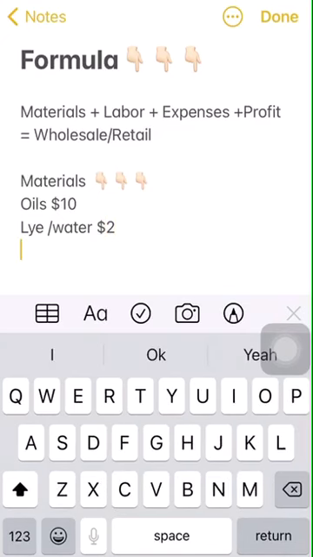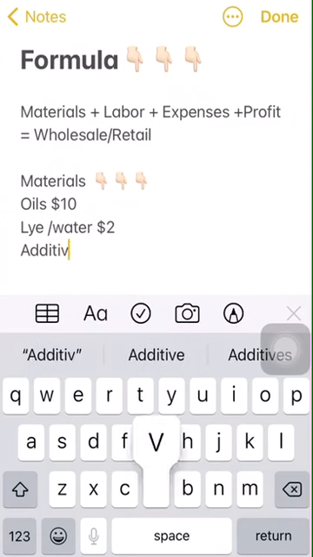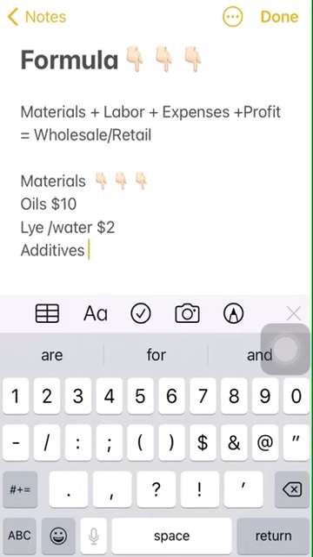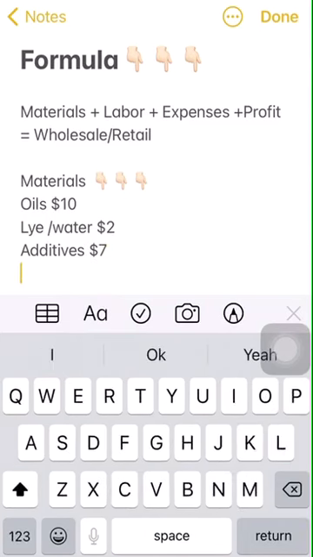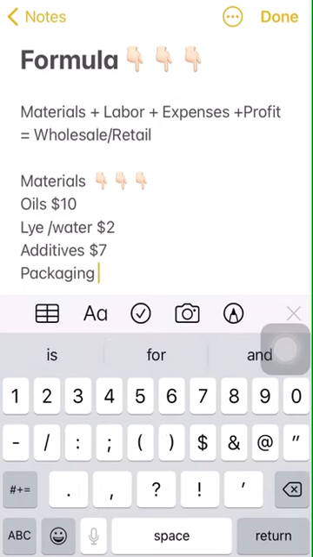Then additives. So additives, you already know additives, your actives that you are adding to make your soap effective. Those are your additives. And not just that, the color, those mica or lab colors, they are all part of the additives. So let's say that one is $7. Then your packaging, your shrink wrap, your labels, everything that goes into the packaging.